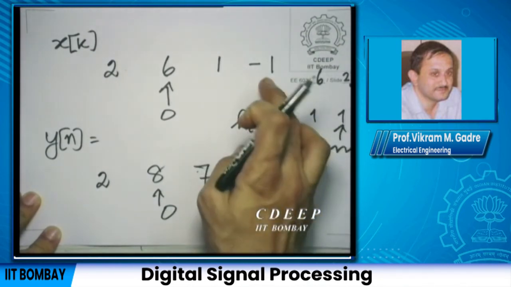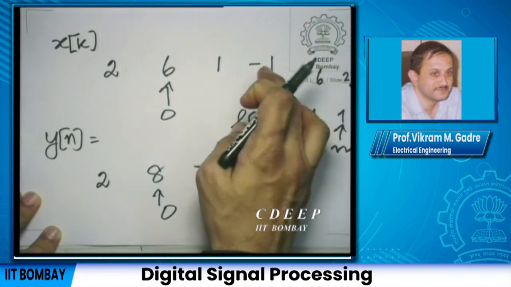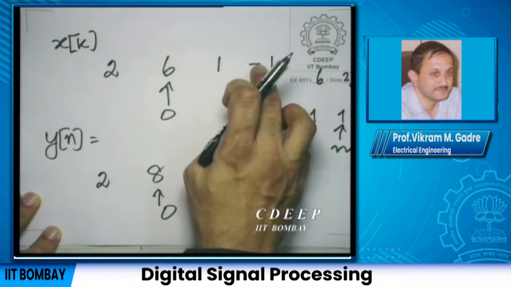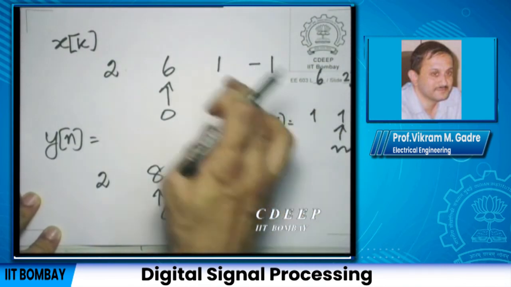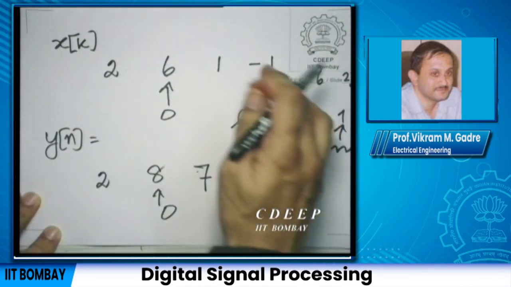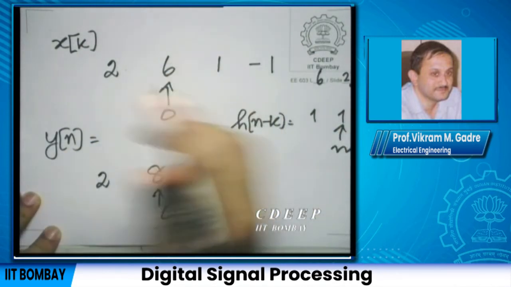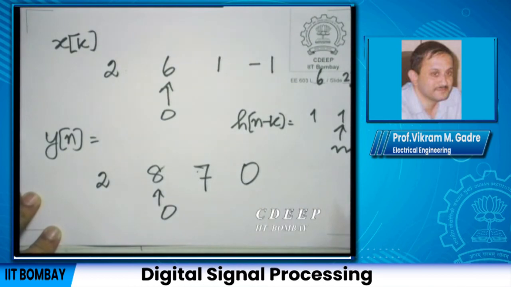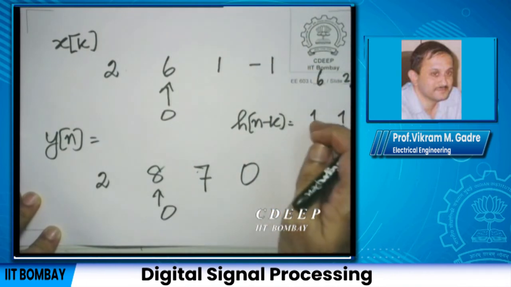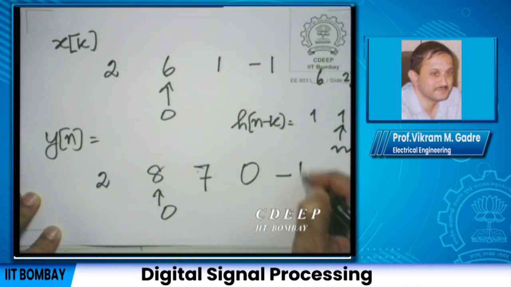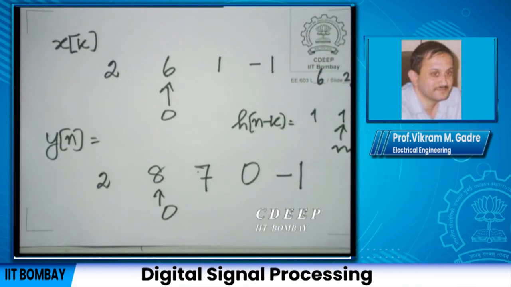And when n is 2, you have this one colliding with minus 1. So, the product is minus 1, and this collides with 1. So, you have 1 into minus 1 plus 1 into 1, that is 0. And finally, when n is 3, you have 1 colliding with a 0 and 1 colliding with a minus 1, and therefore, you have just a minus 1 there.